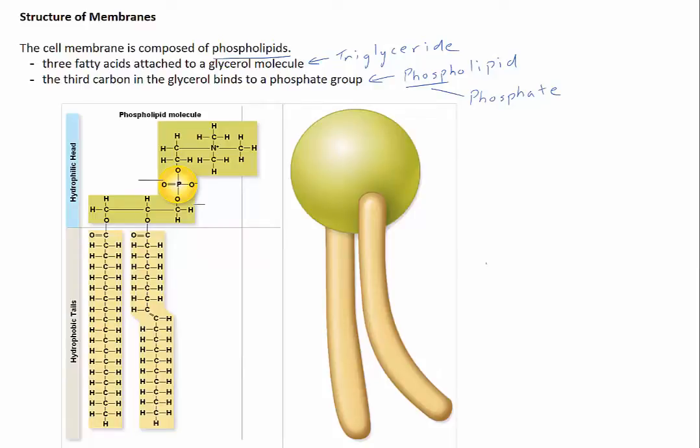Looking at a phospholipid molecule in detail, you'll see that there is a glycerol molecule containing 1, 2, 3 carbons together. 2 of those carbons are joined to 2 fatty acids.